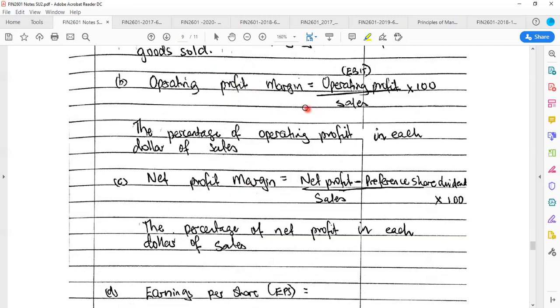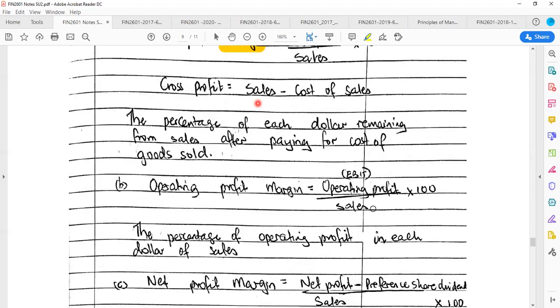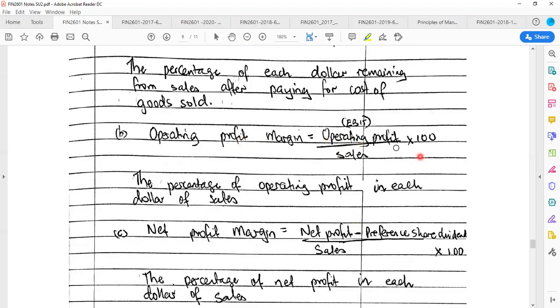Then the operating profit margin is given by operating profit, which is EBIT, over sales, right? And like I said, every ratio with margin is divided by sales. So this is also a percentage because this is times 100. And this is the percentage of operating profit in each rand. Sorry, it should say rand here.